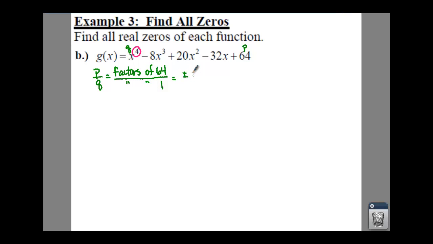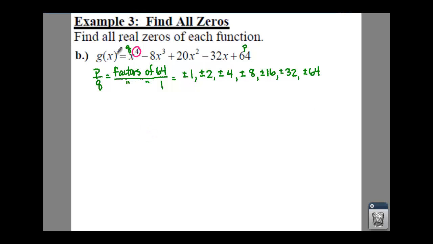So we're going to say plus or minus 1, plus or minus 2, plus or minus 3 doesn't go in there, 4 goes in there a total of 16 times, 5 doesn't go in there, 6 doesn't go in there, 8 goes in there 8 times, so we have plus or minus 16, plus or minus 32, and plus or minus 64. These are your possible zeros. We shouldn't get up to the 16, 32, and 64, but we'll see.